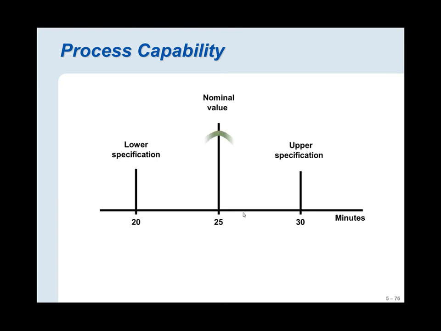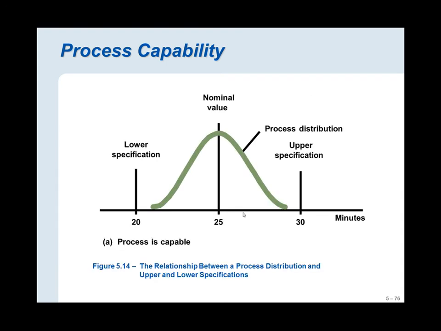Okay. For example, the nominal value in this picture is 25. The tolerance value is 5. If you put 25 plus minus 5, 30 will become the upper specification and 20 will become the lower specification.